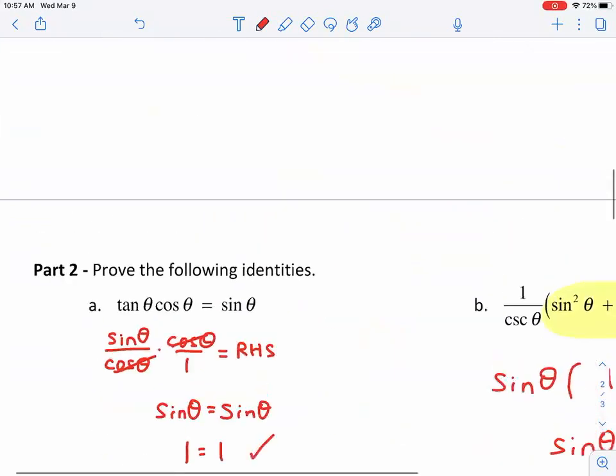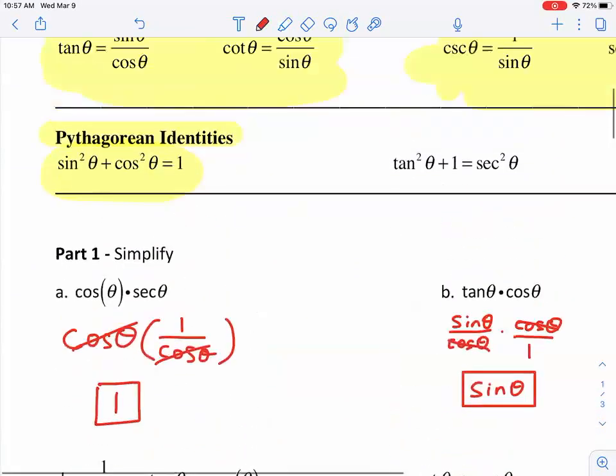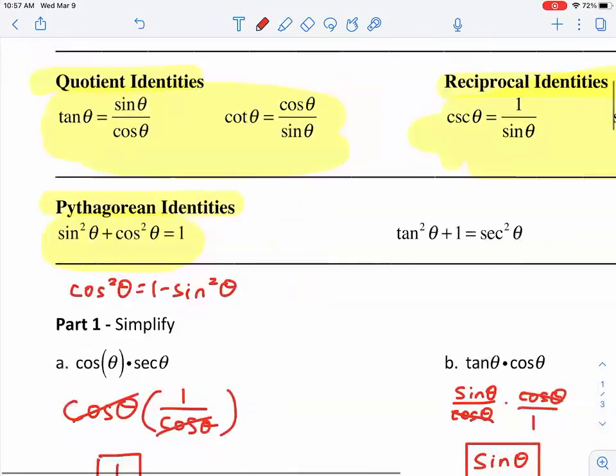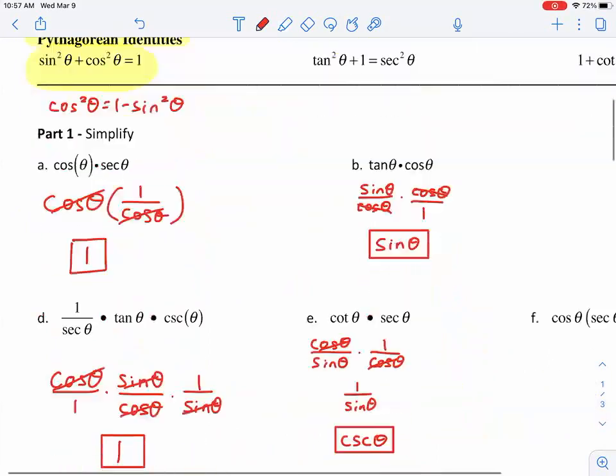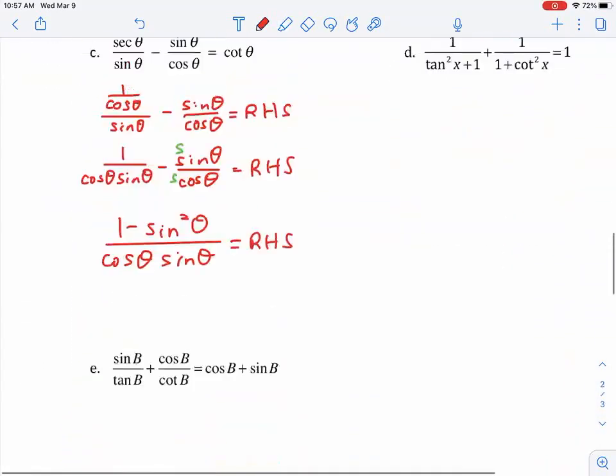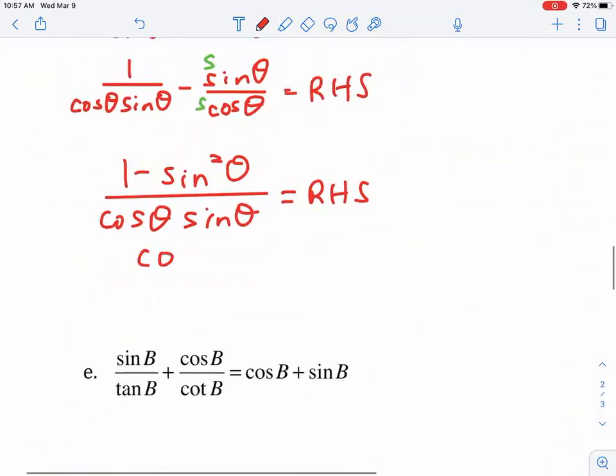All right, follow me here, guys. If I were to take this and move that sine squared over, that would mean that cosine squared is equal to 1 minus sine squared. So I can use manipulations of that Pythagorean identity to rewrite the top here. 1 minus sine squared is cosine squared.